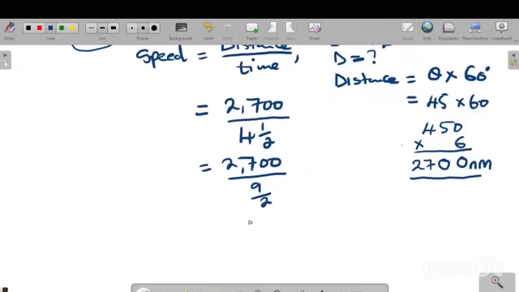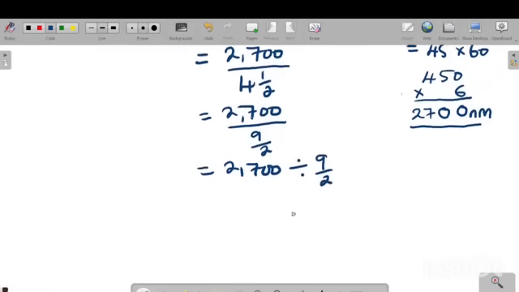All right, some people start shivering when they reach here. There's nothing hard here. This is same as 2,700 divided by, this over sign is same as divided by 9 over 2. All right, now you are going to have 2,700.